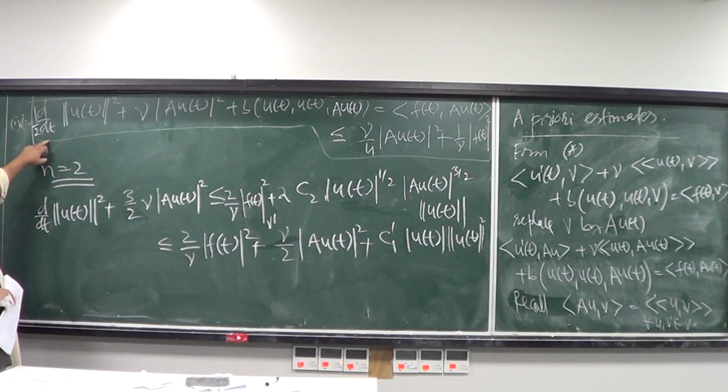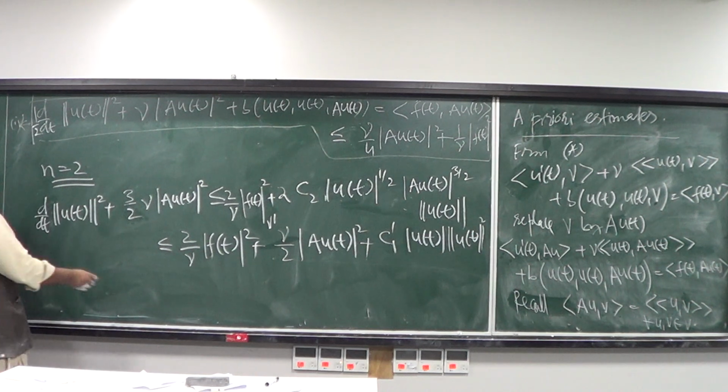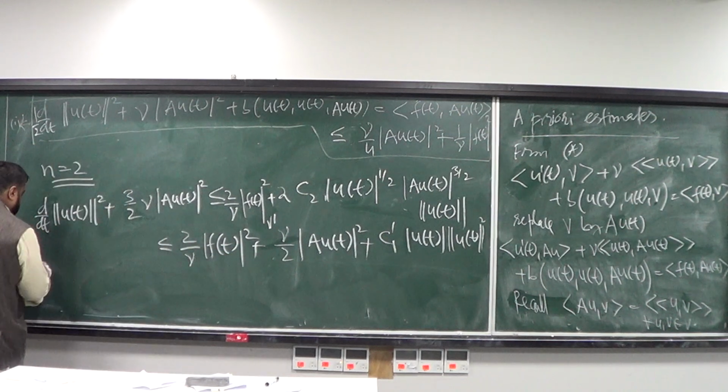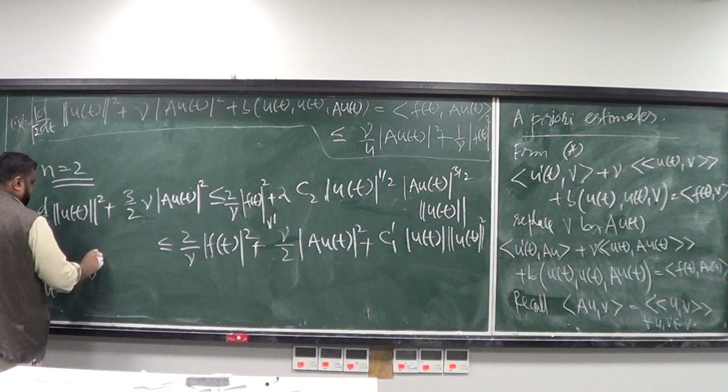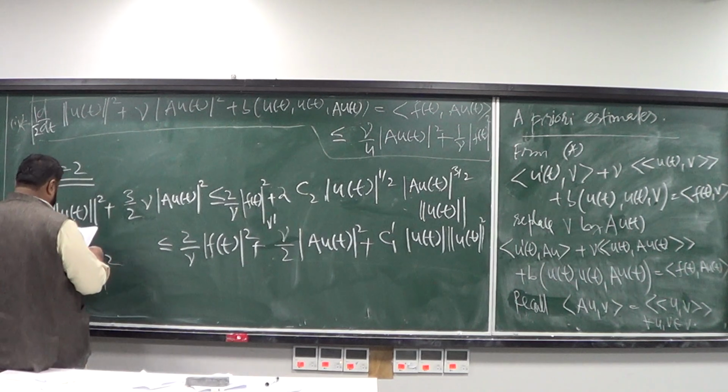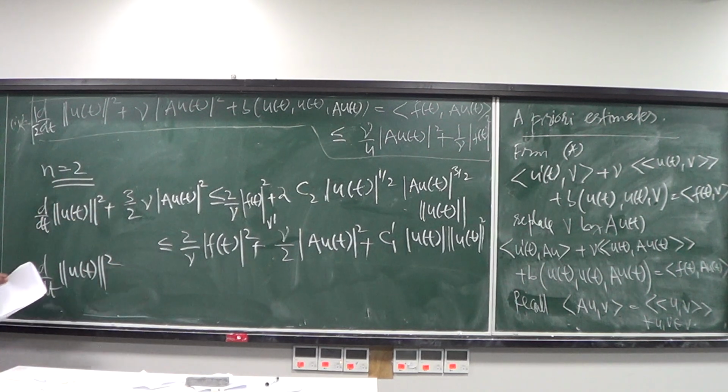Finally you're going to get d by dt of the norm of u of t squared. Shall I write? You can read it from the book.